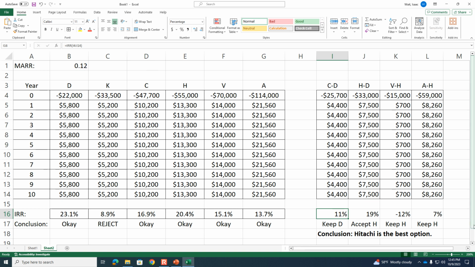So that's why down here I said keep D, because the internal rate of return of the increment was less than the MAR, so that means choose the cheaper option.